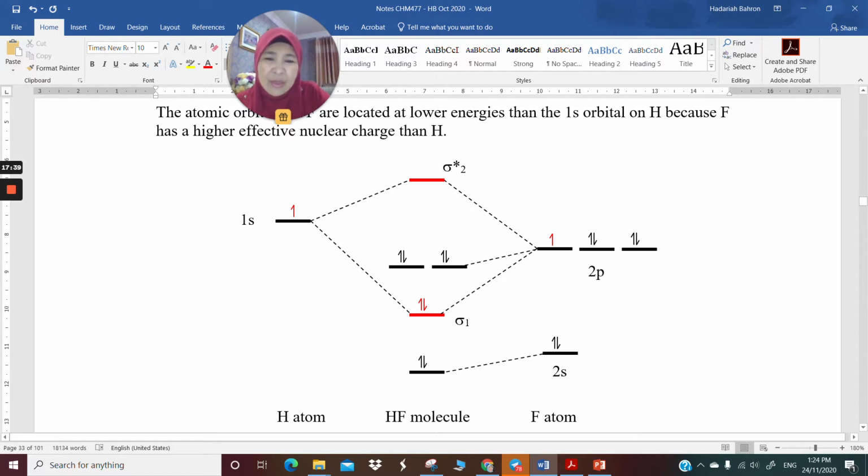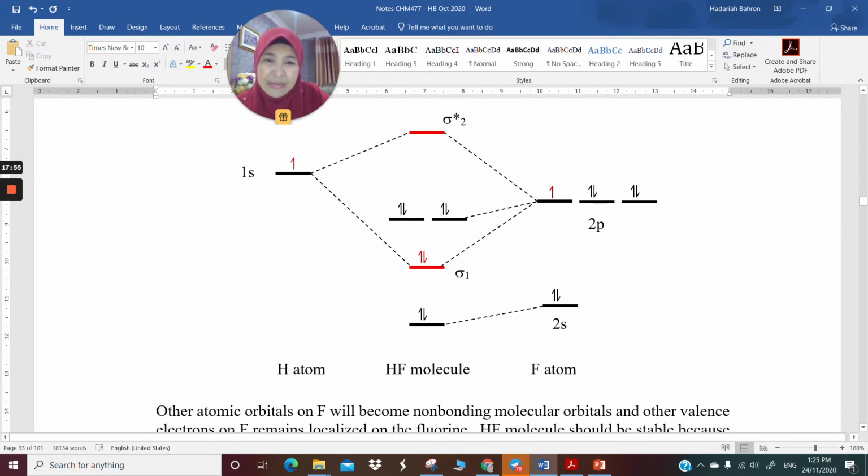So you have one non-bonding molecular orbital from the 2s and another two non-bonding molecular orbitals from the 2py and 2pz, and you have one sigma bonding molecular orbital and one sigma antibonding molecular orbital for HF. And how many electrons do you have to fill in the molecular orbitals? You have one electron from the hydrogen and 7 electrons from the fluorine. We only count the valence electrons. So you have 7 and 1, you have 8.